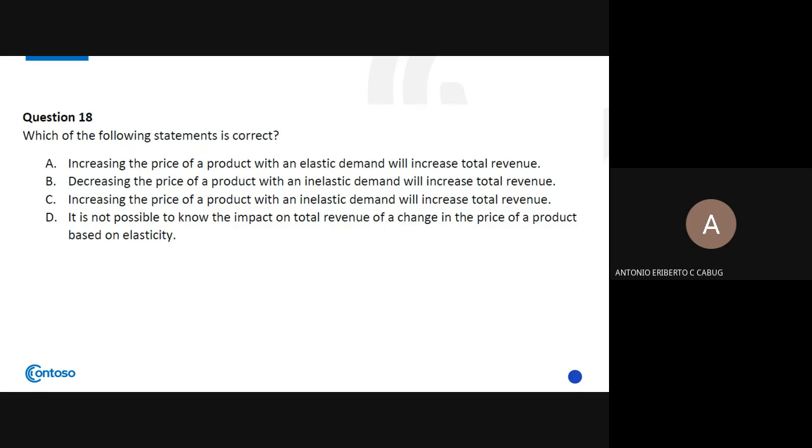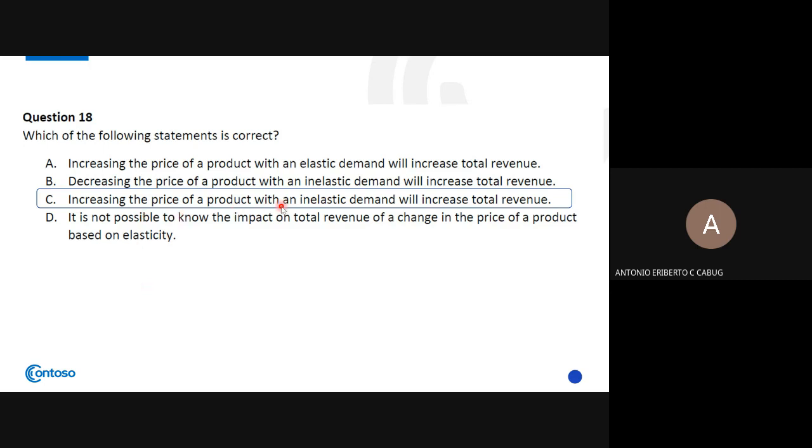Okay, which of the following statements is correct? Enter now. Okay. So as usual, ang tamang sagot natin ay letter C. Okay lang, kanina pa tayo C ng C yung sagot, no?